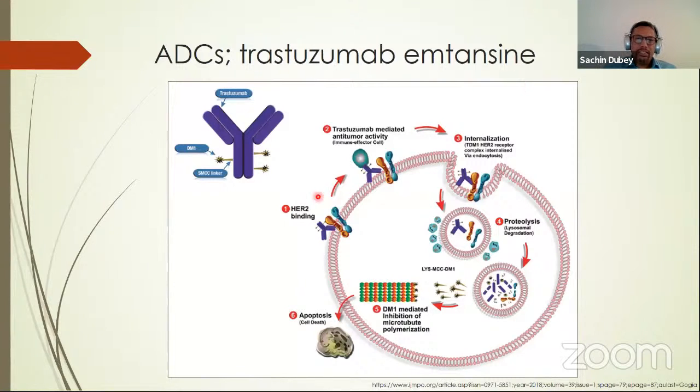What happens is that this ADC complex interacts with HER2, gets internalized one more time, the small molecule is released into the cells, and then this small molecule interacts in a very specific manner with the microtubule. What's important is that when you give this small molecule alone, it will affect all the other cells in the body as well. While if you program it to go only to the target cell, it only destroys the target cell ultimately.